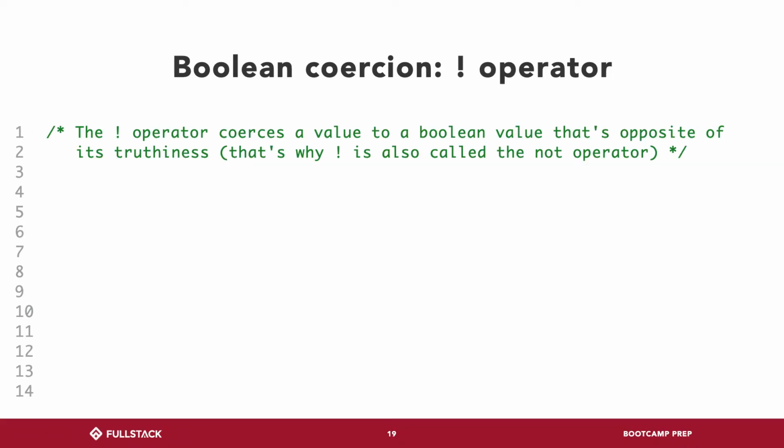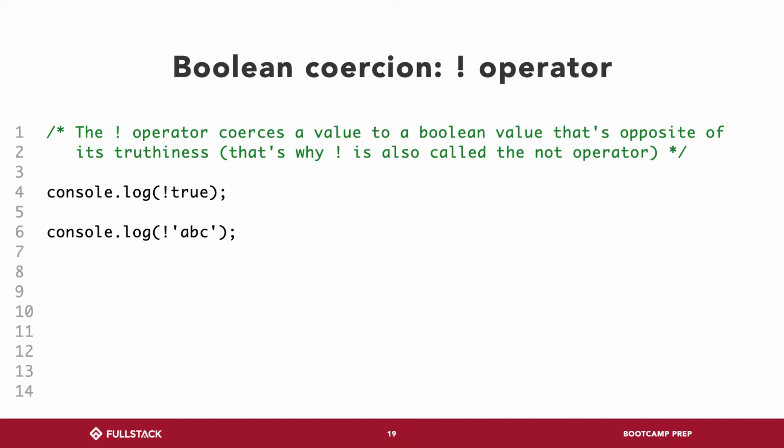The bang operator. I forgot to show you guys this. The bang operator, or the not operator, actually coerces whatever value it is in front of into the opposite of its truthiness. Okay? The operator coerces a value to a Boolean value that's opposite of its truthiness.